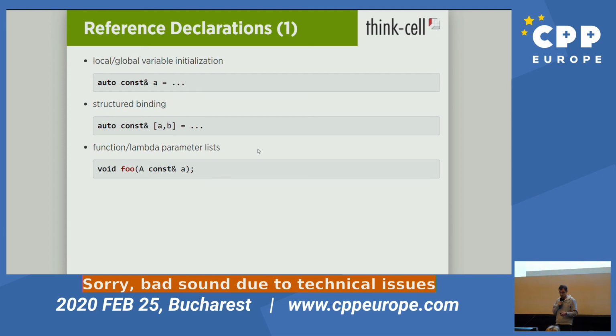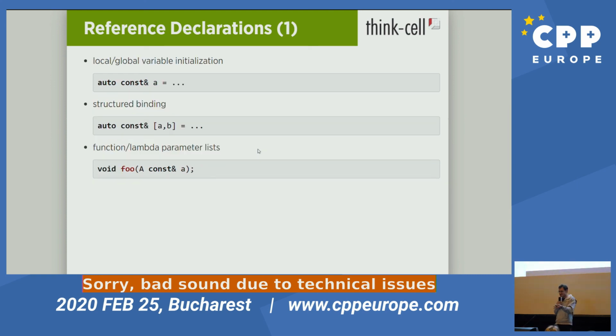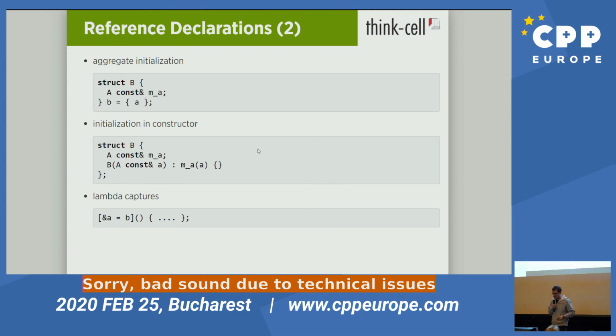They can contain declarations. You have aggregate initialization. You have initialization in a constructor, your plain vanilla constructor, and you have lambda captures. And that's pretty much all I could come up with. Now, in all these cases, you could imagine that wherever this statement is written, we assign new binding behavior if it's inside this pragma clause. I think it should work.